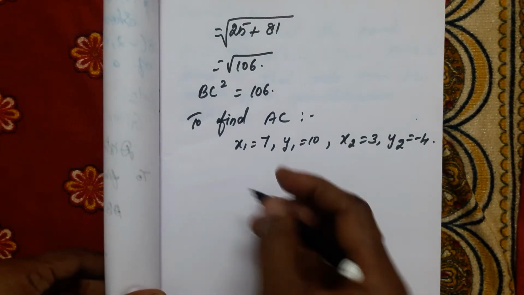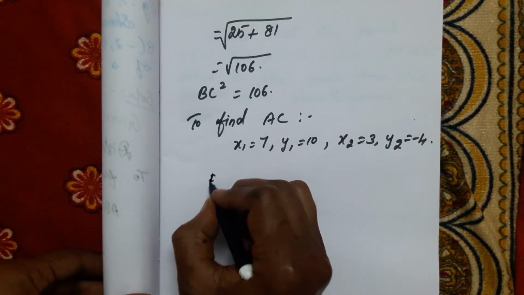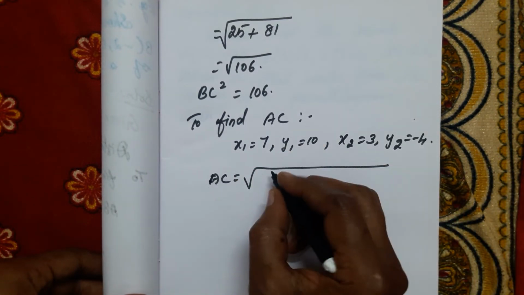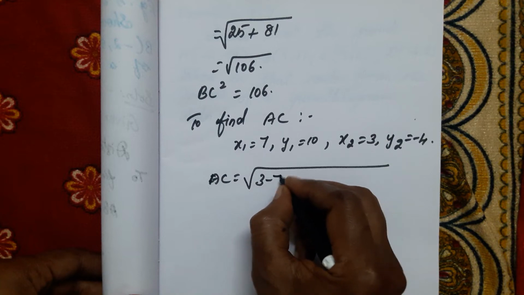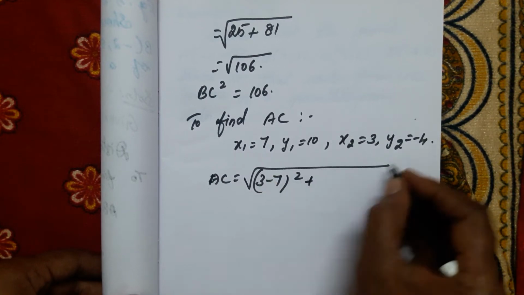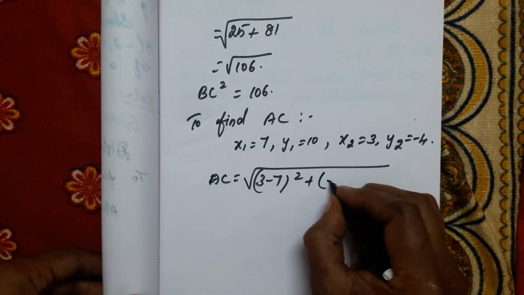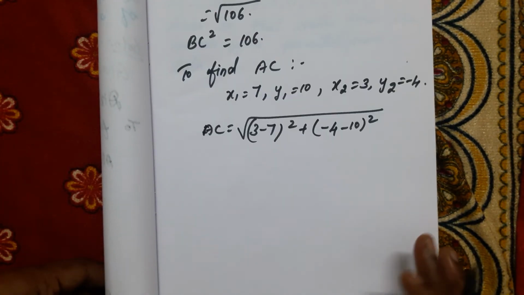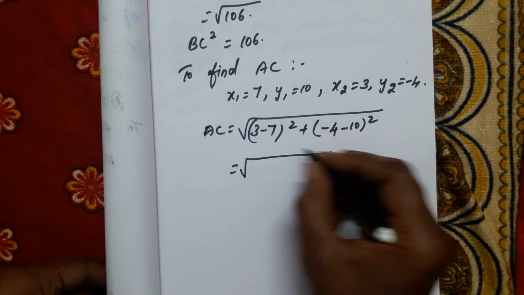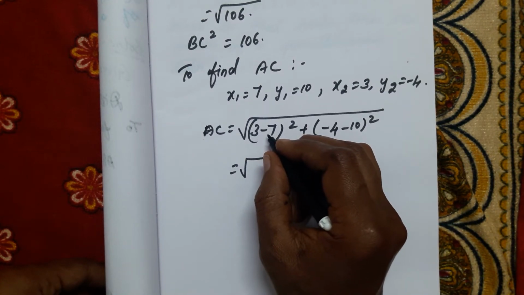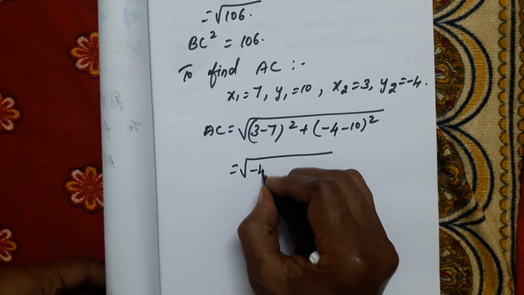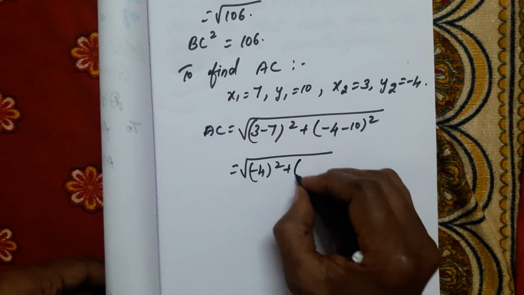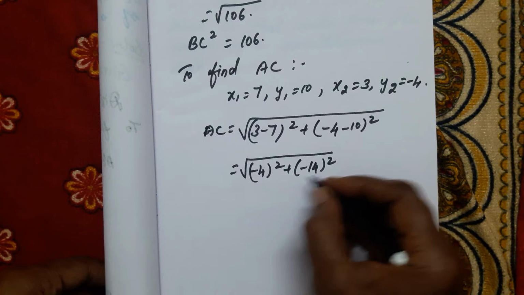So AC is equal to root of (x2 minus x1) the whole square, means (3 minus 7) the whole square plus (y2 minus y1) the whole square, (minus 4 minus 10) the whole square. It's equal to root of (3 minus 7, minus 4) the whole square plus (minus 4 minus 10, minus 14) the whole square.